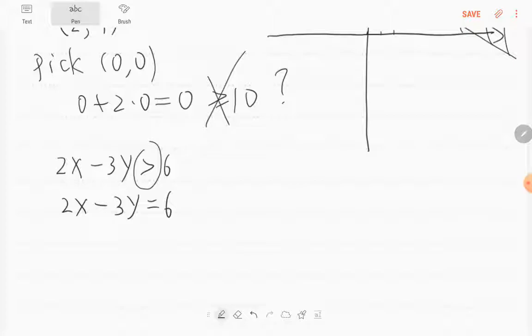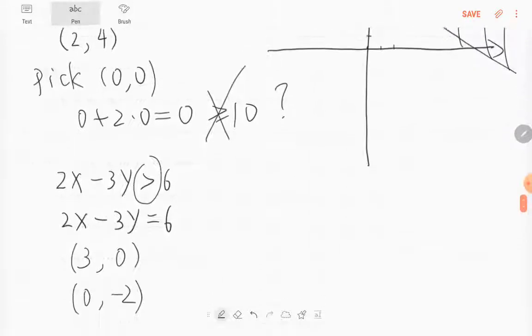This line is not included. So we pick two arbitrary points. One point is x equals 3, y equals 0. The other is x equals 0, y equals negative 2, right? So these are the x-intercept and y-intercept.